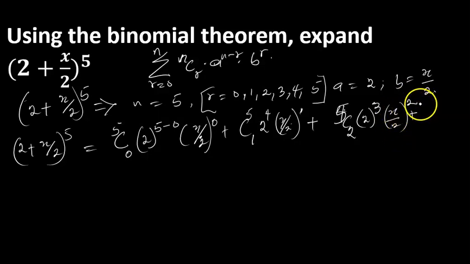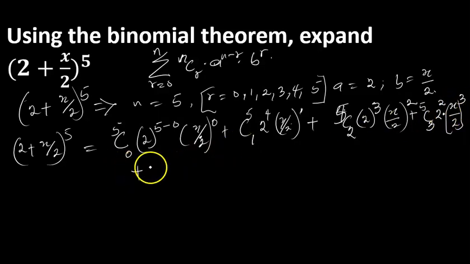Now plus 5C3, 2 raised to power 5 minus 3, that's 2, times (x/2) raised to power 3.